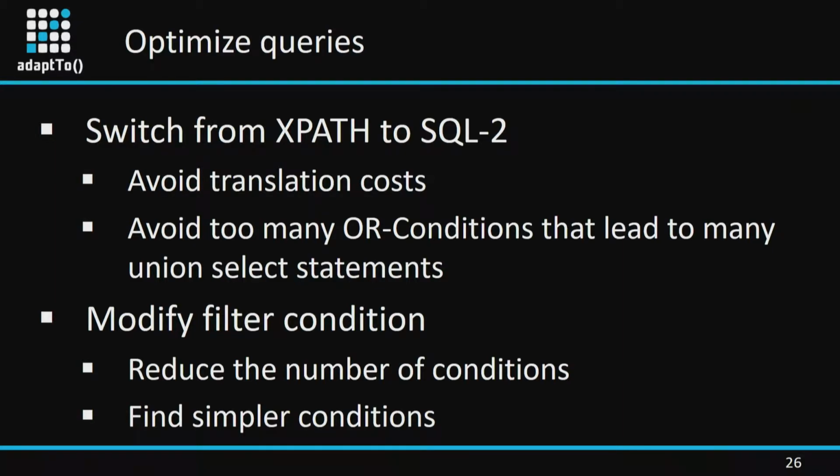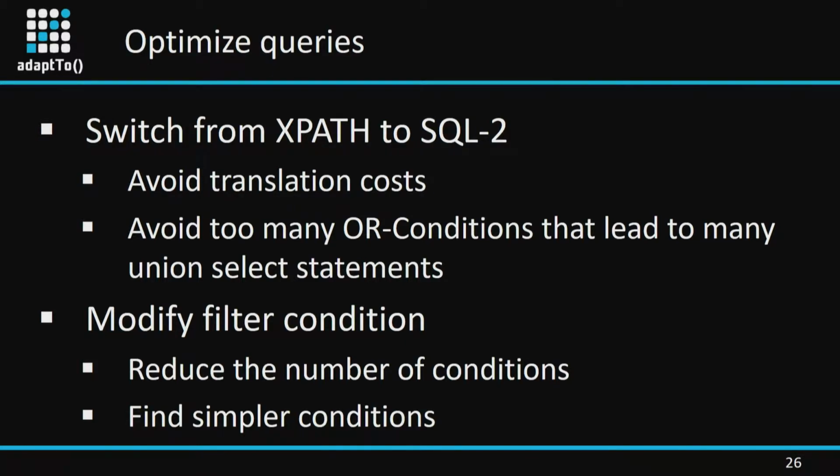So coming to optimized queries, the main reason for optimization of queries is to improve the performance of a query. In Oak, the default query language is SQL2. All queries are translated to and executed as SQL2 queries.